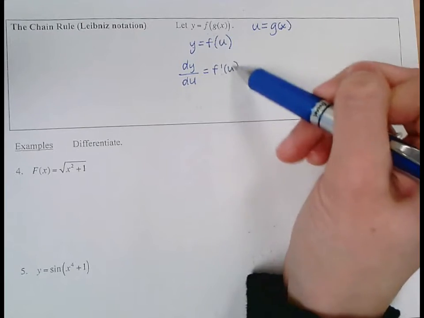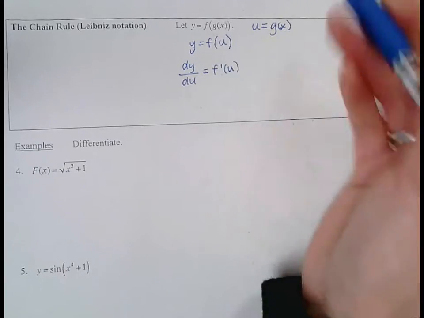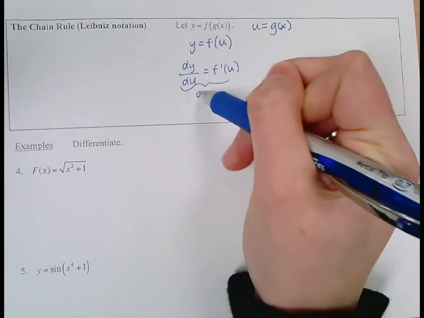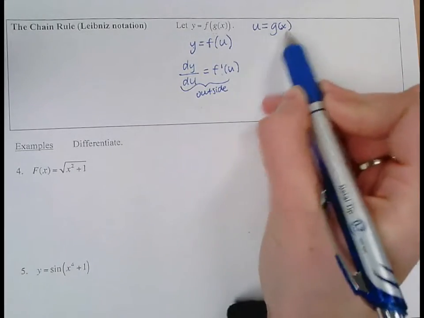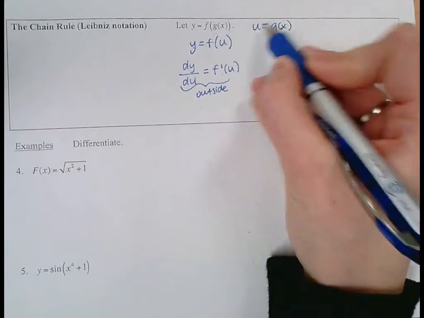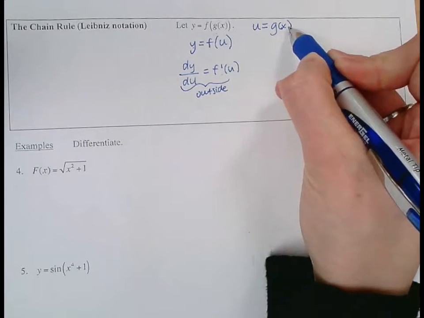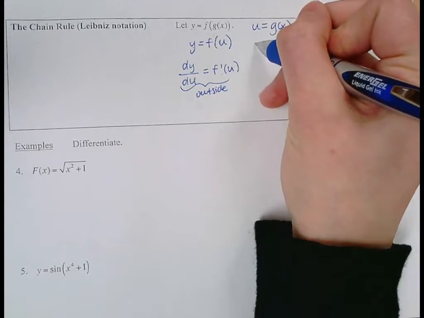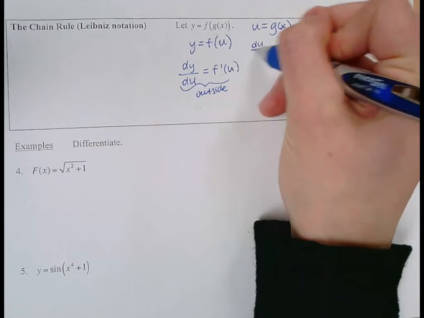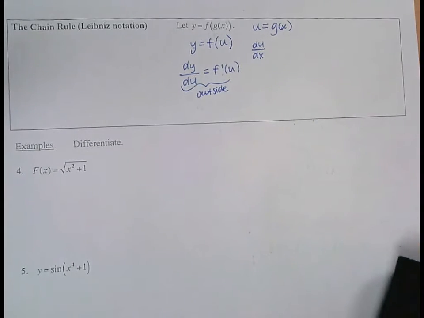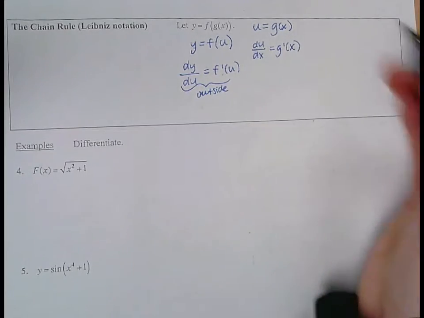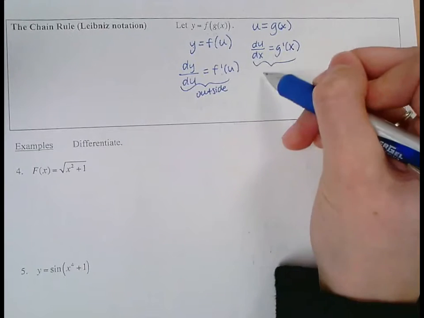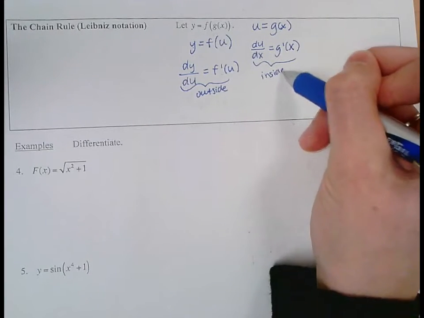This is the derivative of the outside. And then for the inside, u is a function of x. So in Leibniz notation, the derivative would be du dx, the derivative of u with respect to x. That would be g prime of x, or the Leibniz notation for g prime of x. And this is the derivative of the inside.